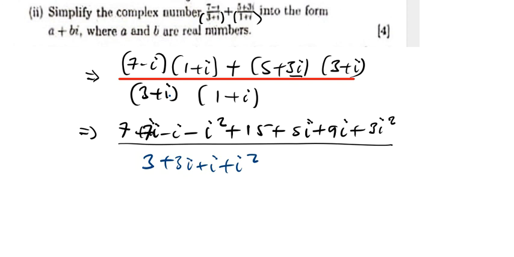Now let's simplify this. Whenever we're talking about complex numbers where there is i squared, you always replace it with negative 1.